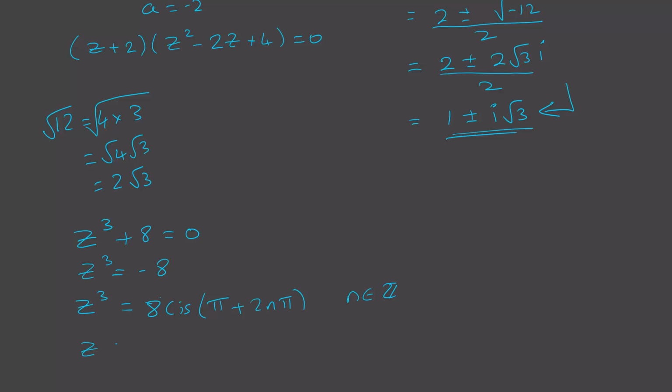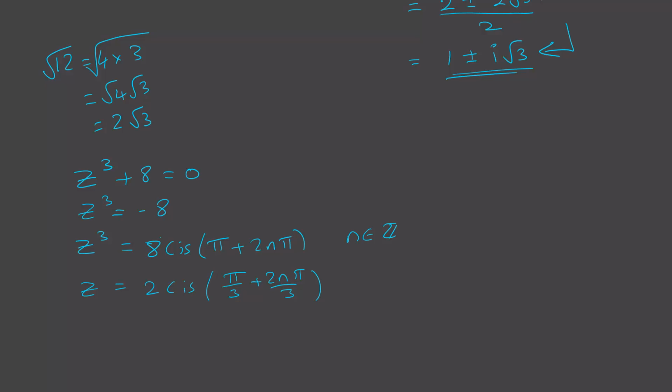And so z would have been the cube root of 8, which is 2, cis pi by 3 plus 2n pi by 3.